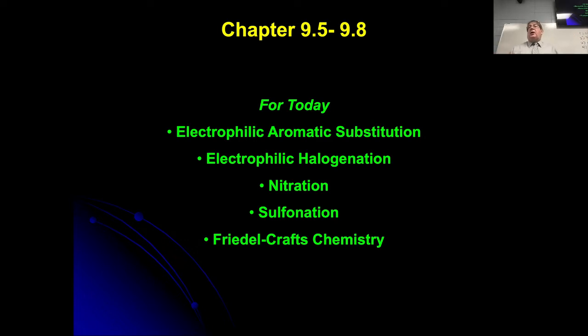So how many pi electrons does benzene have? We've got 6, which is equal to 2 plus 4 times n. So 4n equals 4, n equals 1. That satisfies Huckel's rule. We're good. No problem whatsoever.